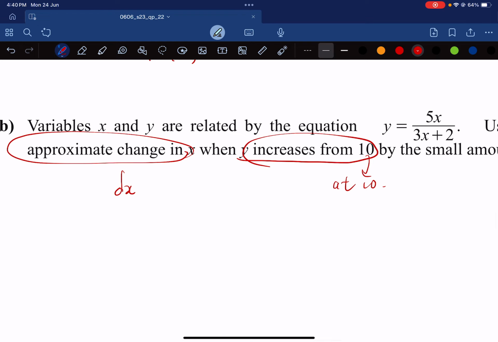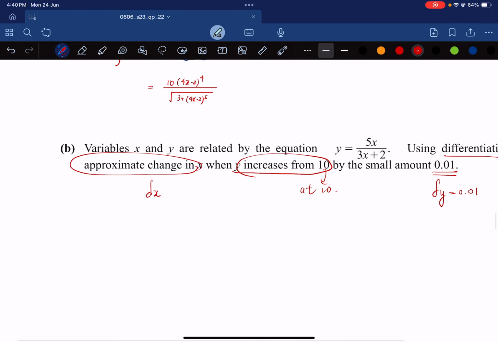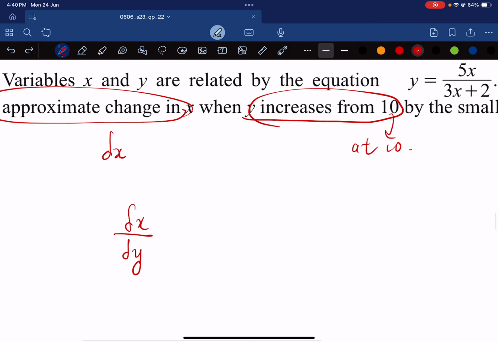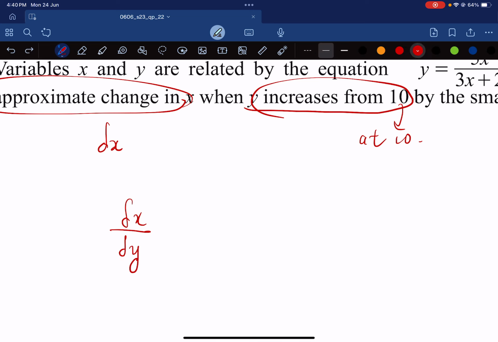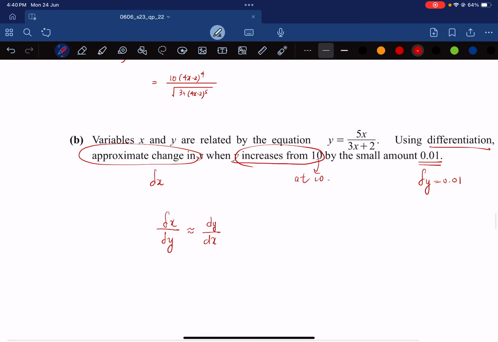So let's see. We know that delta y over delta x is the approximate change, the average rate of change. This is not the instantaneous rate of change. This average rate of change is approximately equal to the instantaneous rate of change only when delta x is small. Otherwise, they are not even approximate.